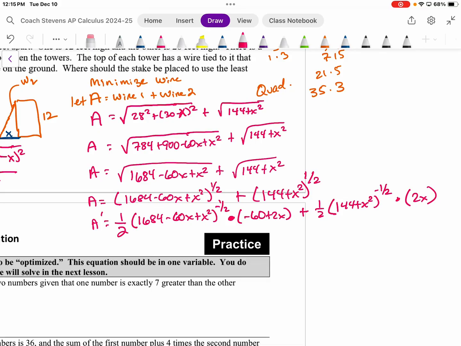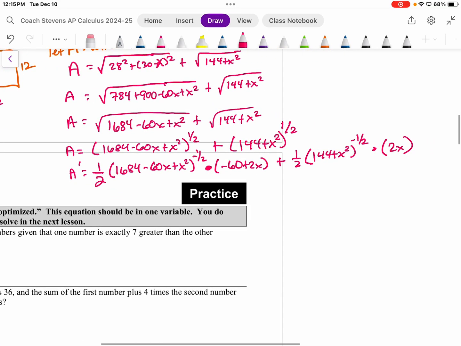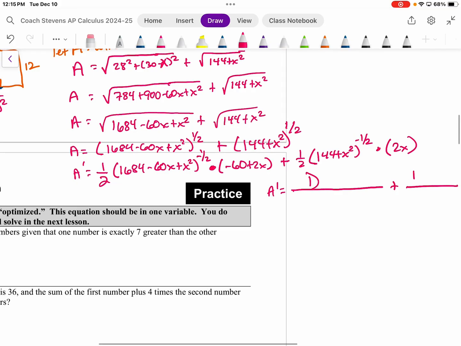So I'm going to rewrite the square roots in the bottom of a fraction, as I clean it up on the right-hand side here. So A prime equals 1 over, but then I have a plus and then a 1 over, and it's really 1 times some stuff. So on the bottom I get to put the square root of 1684 minus 60x plus x squared.